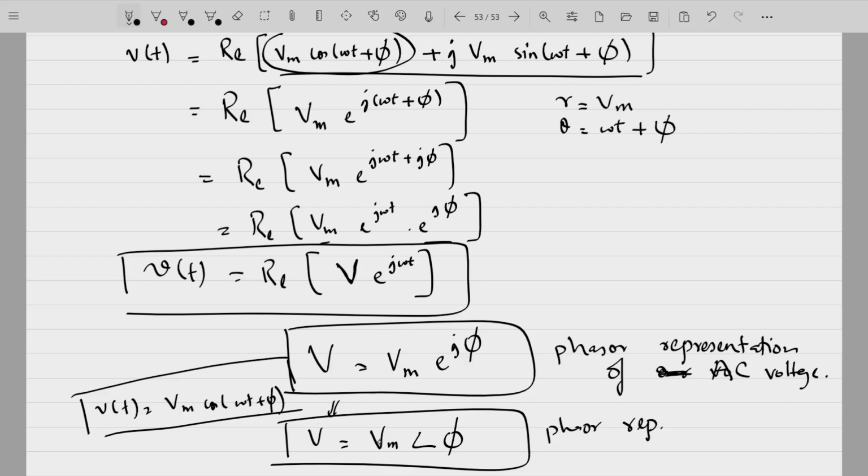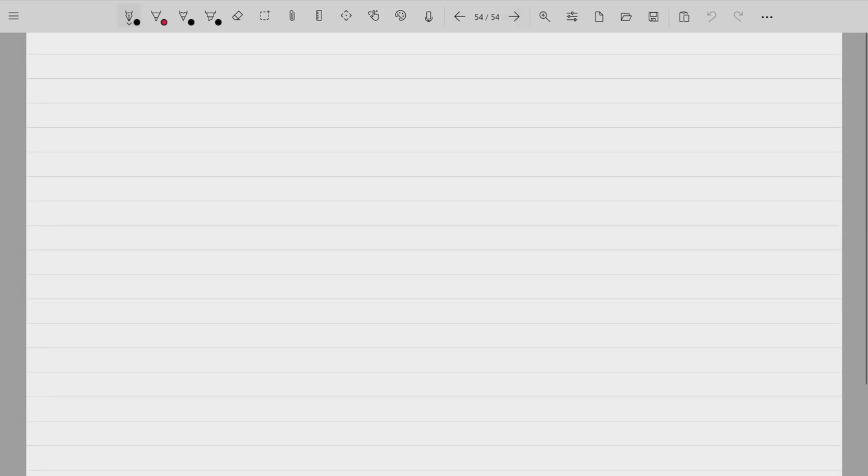If you have any voltage given in phasor form, you can directly say what its sinusoidal representation is. One is the sinusoidal form, another one is the phasor form.